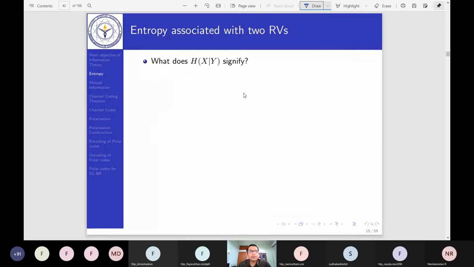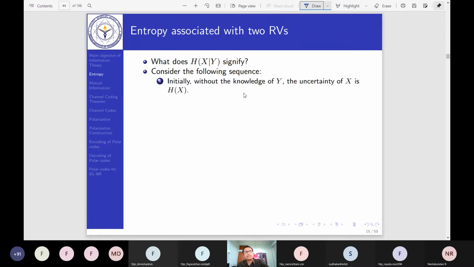Again, we have to understand the meanings of these terms. What does the conditional entropy of x given y signify? This sequence is important. Without the knowledge of y, the uncertainty of the random variable x is h of x. Suppose the received value is not available to us, then what is the uncertainty regarding the transmitted bit?